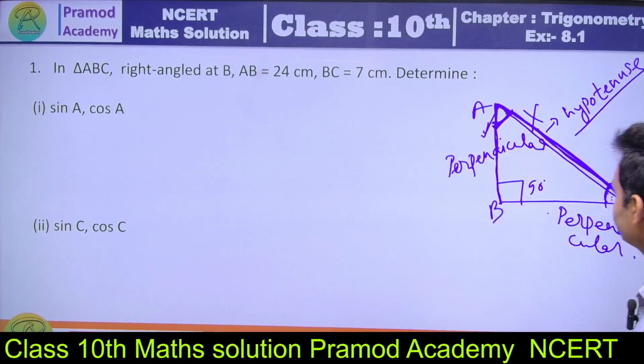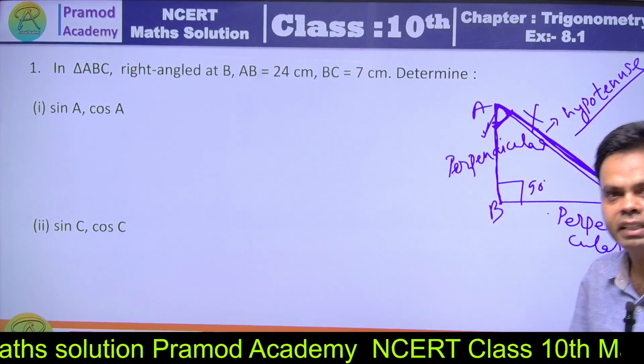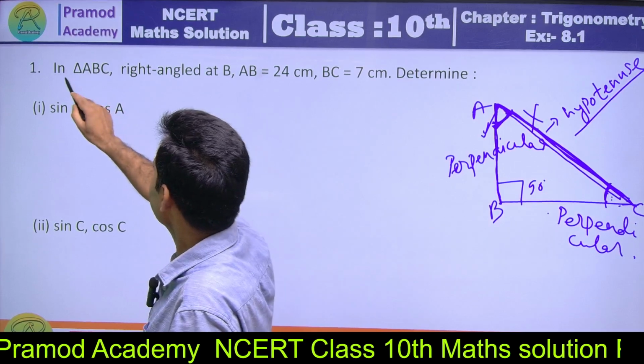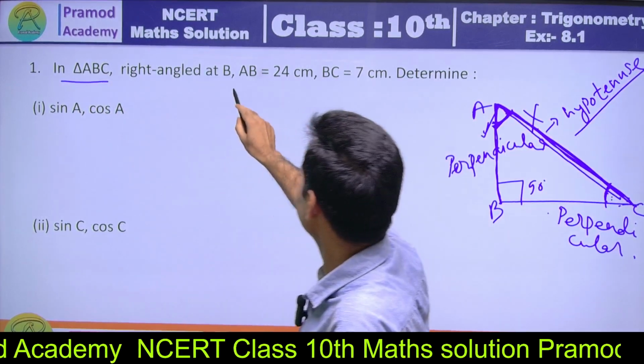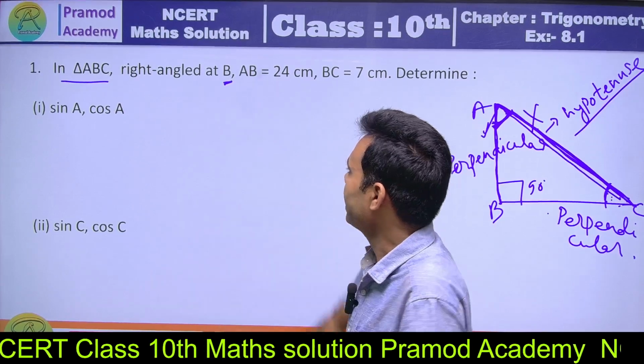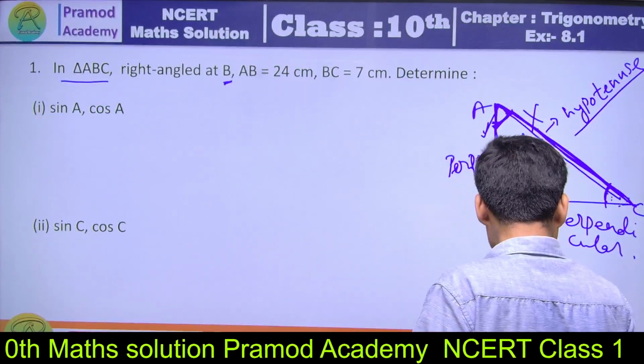Now I will start the problems of this exercise 8.1 of the NCERT book. Here, in triangle ABC, right angled at B, it means B is a 90-degree angle.